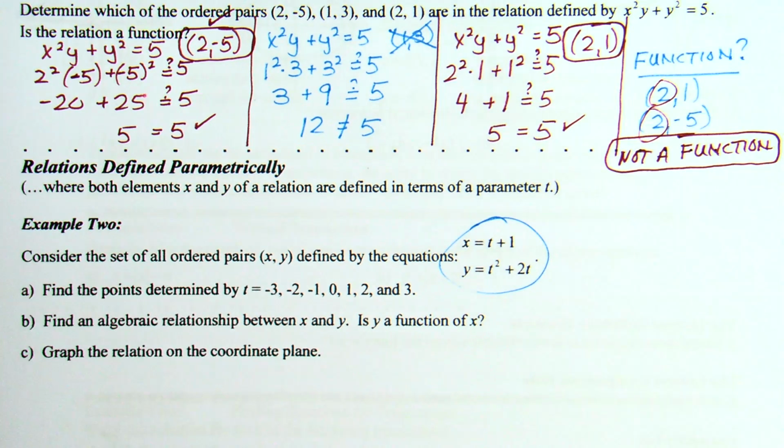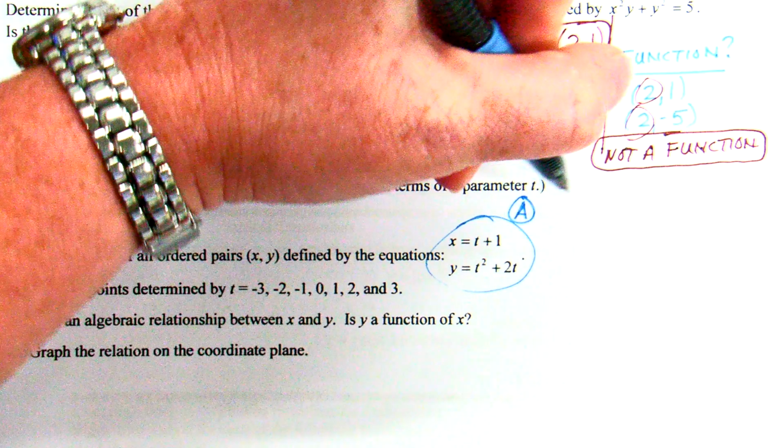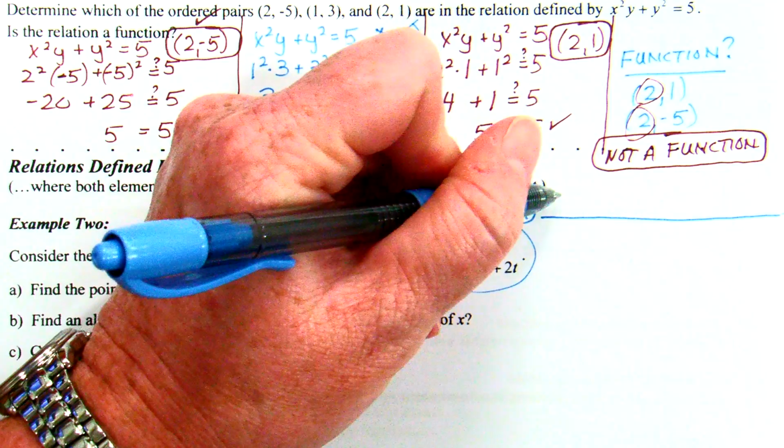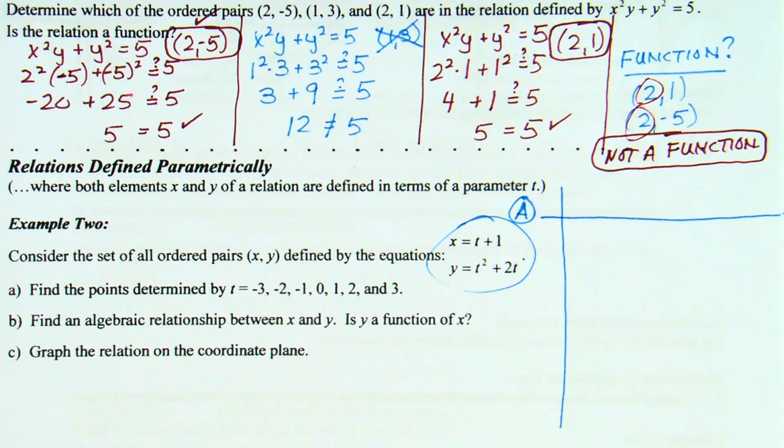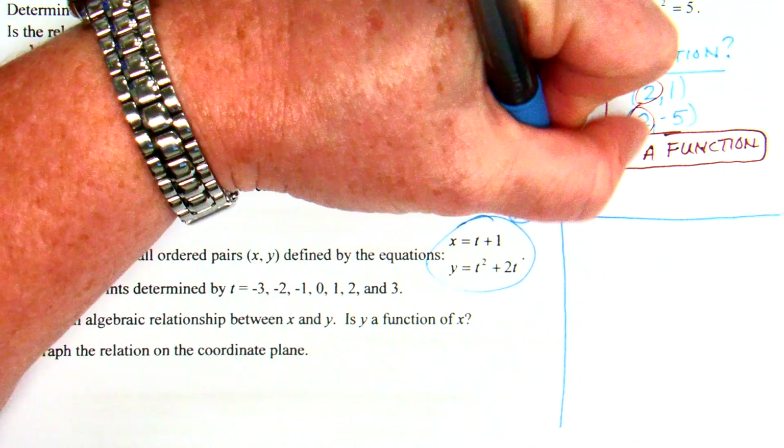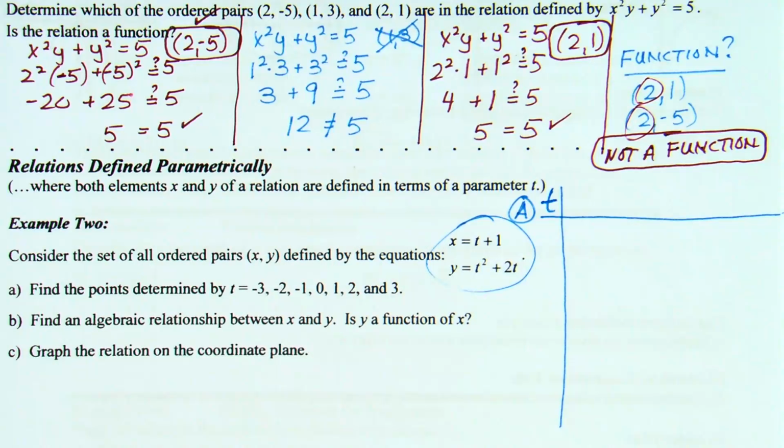I'm going to set up a chart to keep myself organized. I'm going to put part A over here to the right. My chart is actually going to have 4 columns. I'll make the columns as I go. The first column is going to be my t's. And so it's a very skinny column because we don't need a whole lot with it.